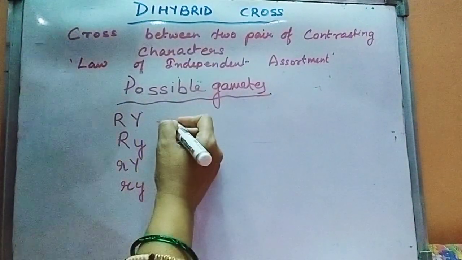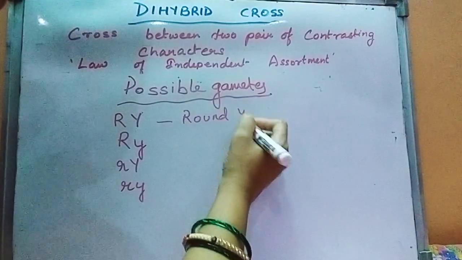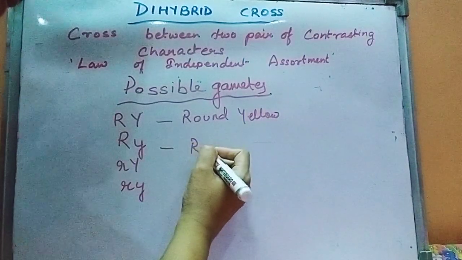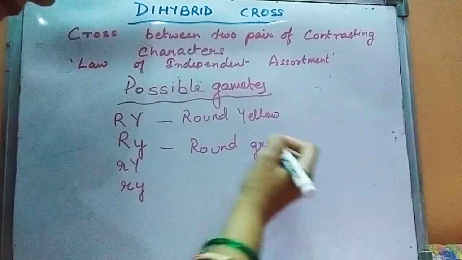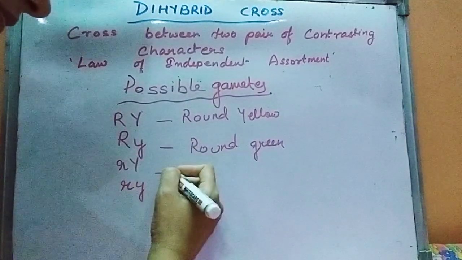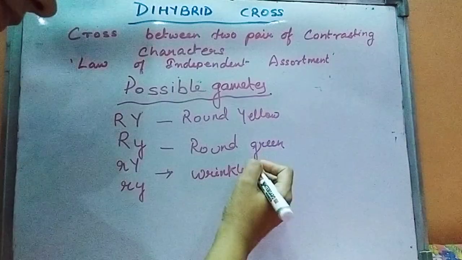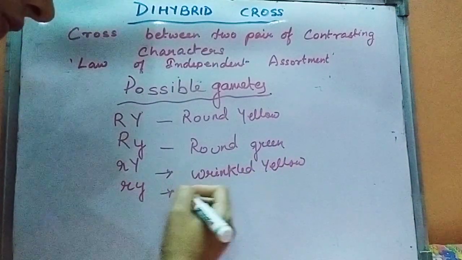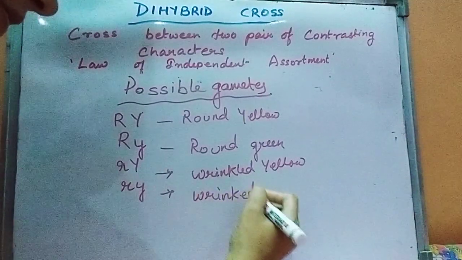So this was round yellow, this was round green, this was wrinkled yellow, and this was wrinkled green.